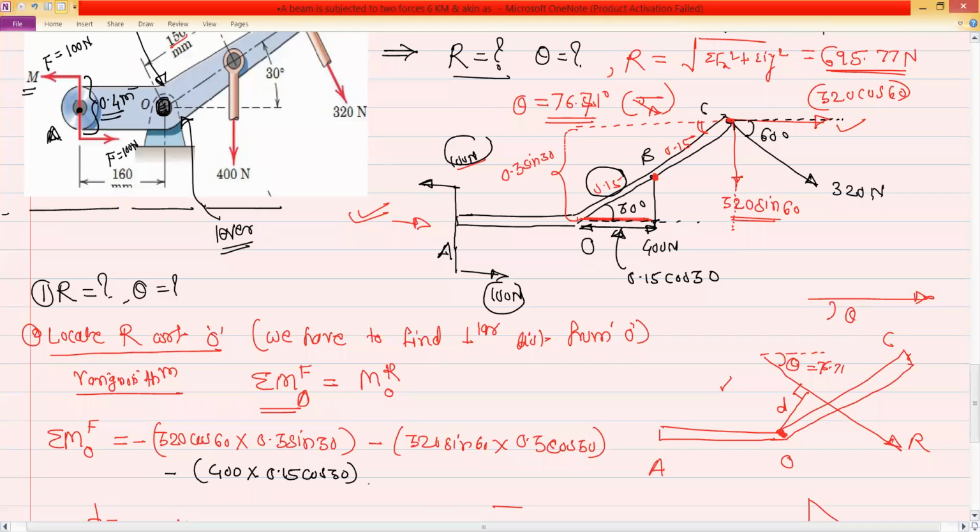So the couple will be 100 into the perpendicular distance between the two forces, that is 0.4 meter, and this moment is anti-clockwise. You can observe here the direction of the forces, so it will try to rotate the system in this direction. So this is plus. So this is the total left hand side, and you can find out this total answer.